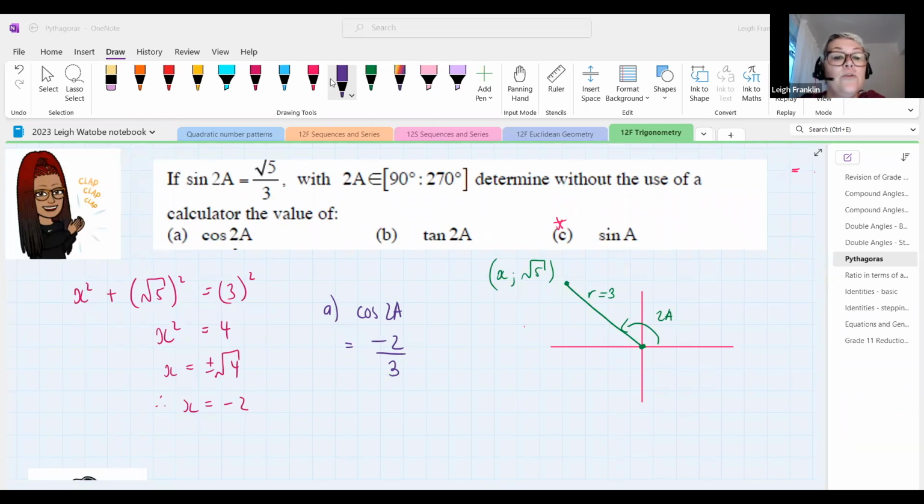All right, then when you do the second part, part B, you've got tan 2a, and here you would have y over x. It would be negative. So you would have √5 over -2. And hopefully those are the answers that you got here.